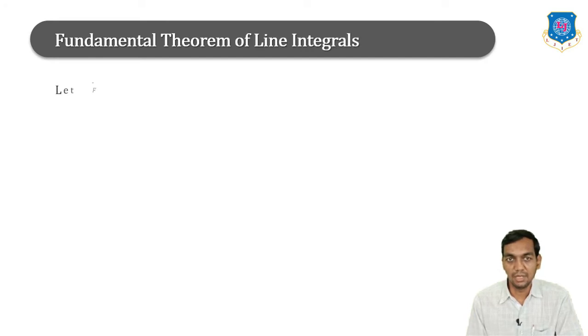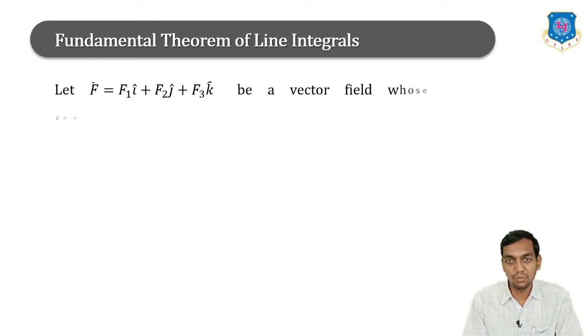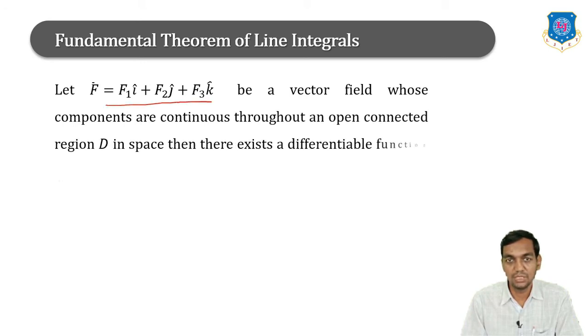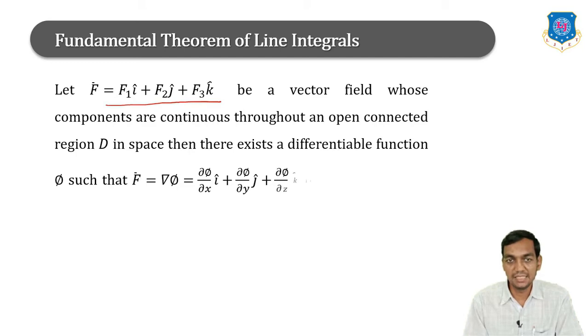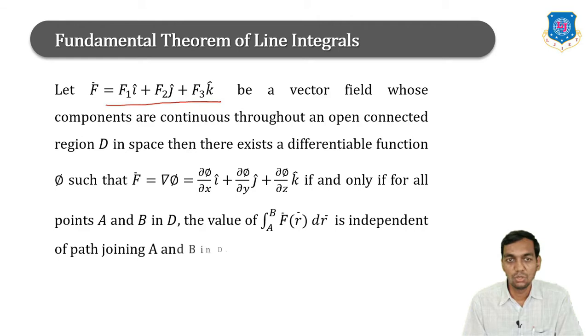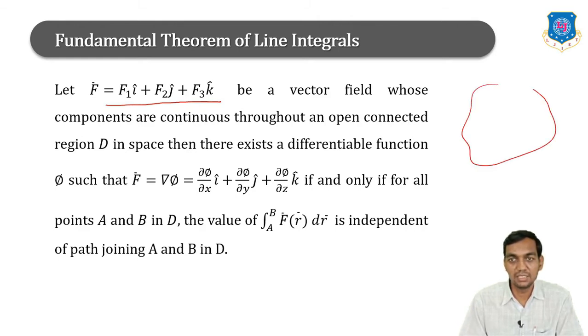Done. Now, the fundamental theorem of line integrals. Suppose f bar is equal to f1 i plus f2 j plus f3 k, any vector field whose components are continuous throughout one open connected region D. That means you have a region in 3 dimensions, not in 2 dimensions, and f1, f2, f3 are continuous on this open connected domain.